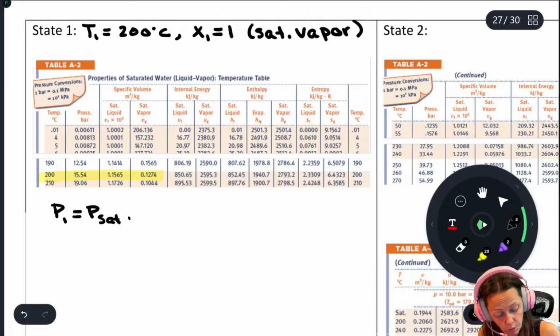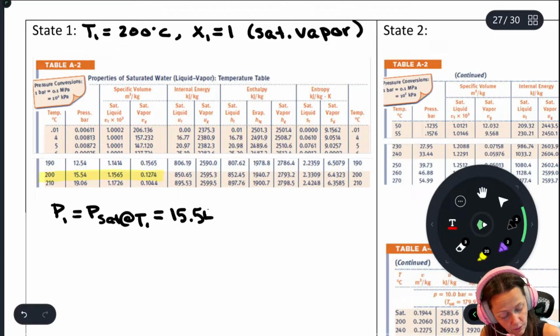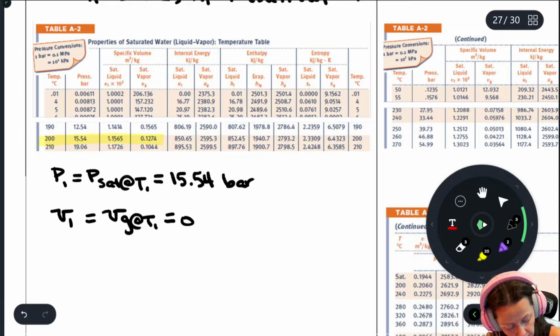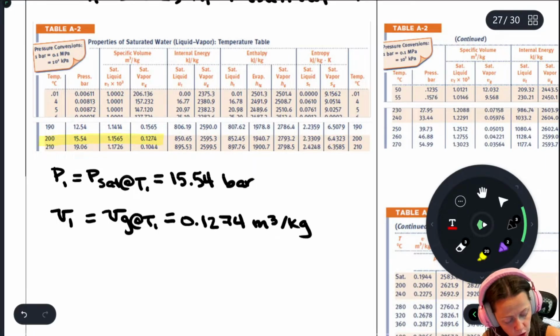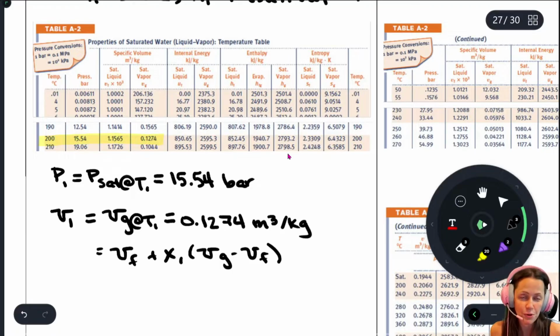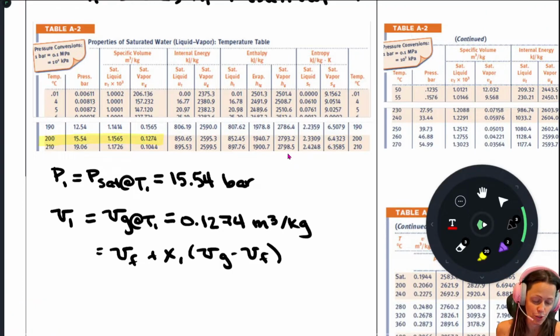The only pressure it could be at is my saturation pressure, and that's 15.54 bar. Also going to need that V1, and it's V sub G at T1, because my quality is 1. You could also plug it into V sub F plus your quality times V sub G minus V sub F. But of course, since your quality is 1, you're going to find out that it's V sub G anyway. So, just be aware of that.